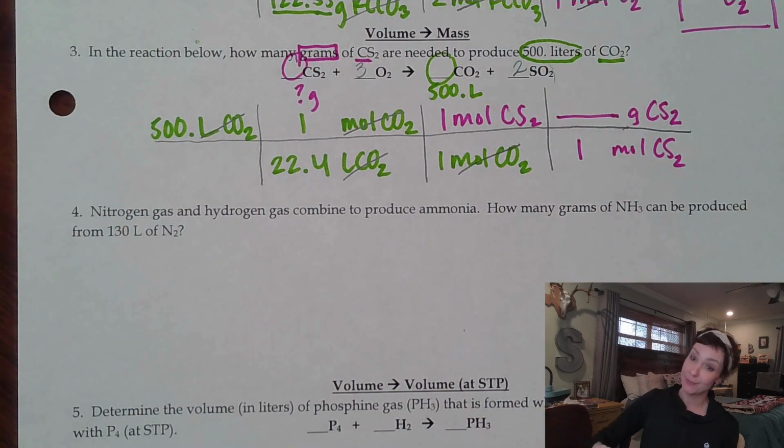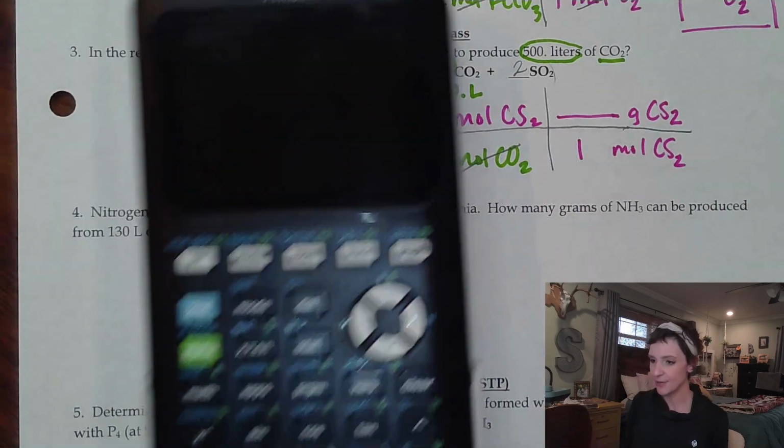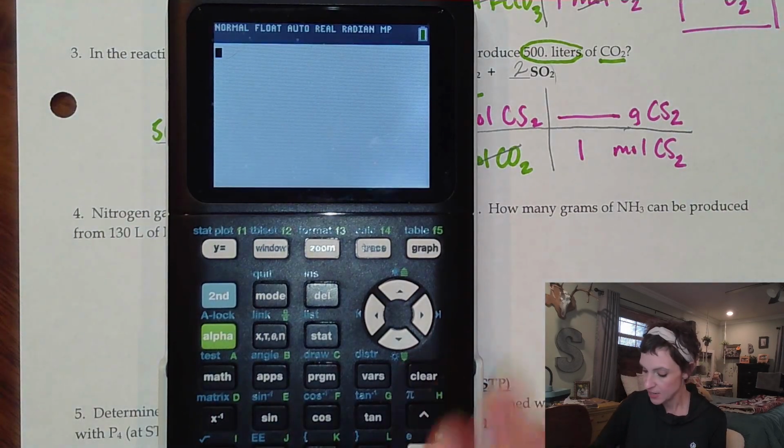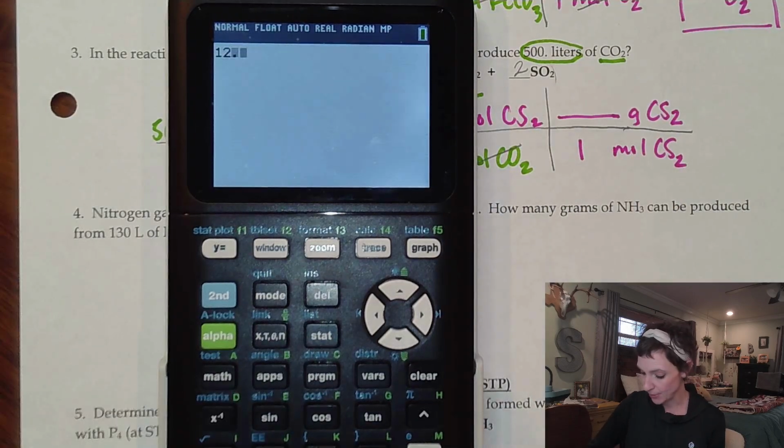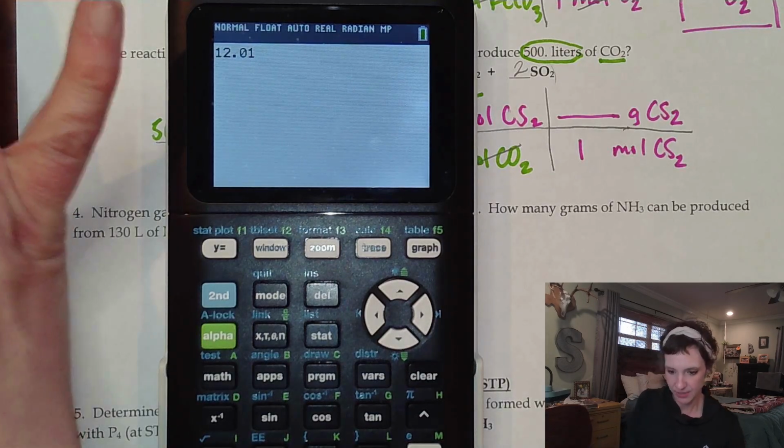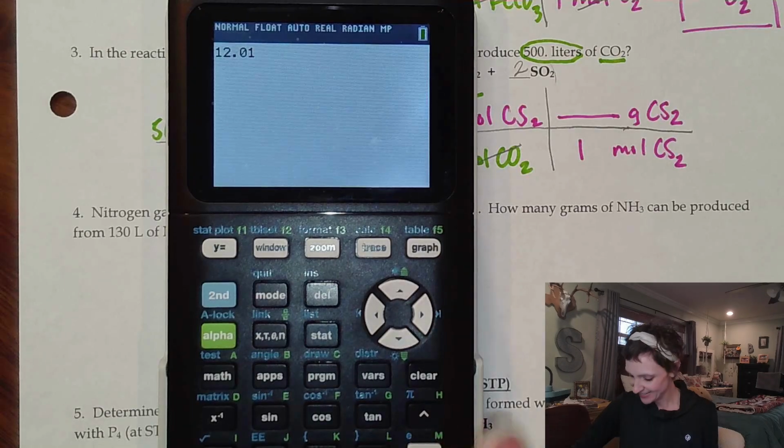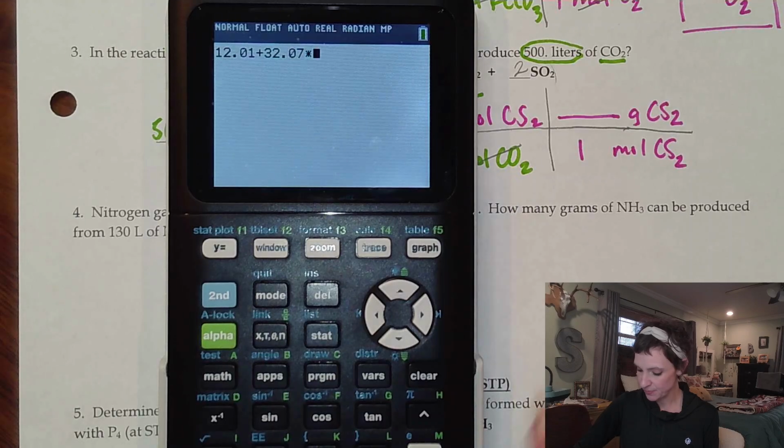So I grab my periodic table. I say, okay, periodic table, tell me what's going on here. Carbon's molar mass is 12.01, and there's 1 of them. Then sulfur's molar mass, I have to double check, oh my gosh, 32.07. And there are how many sulfurs? 2.